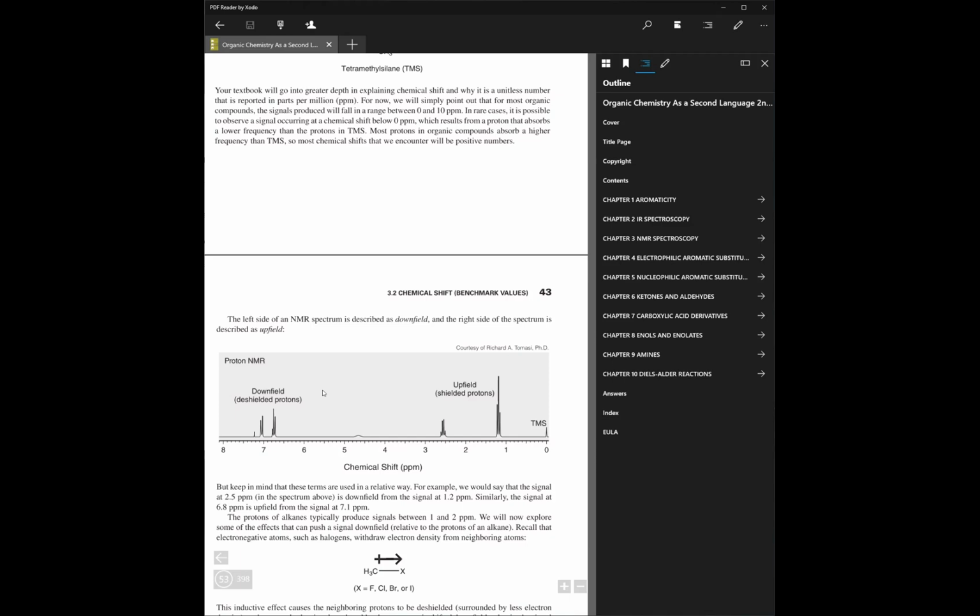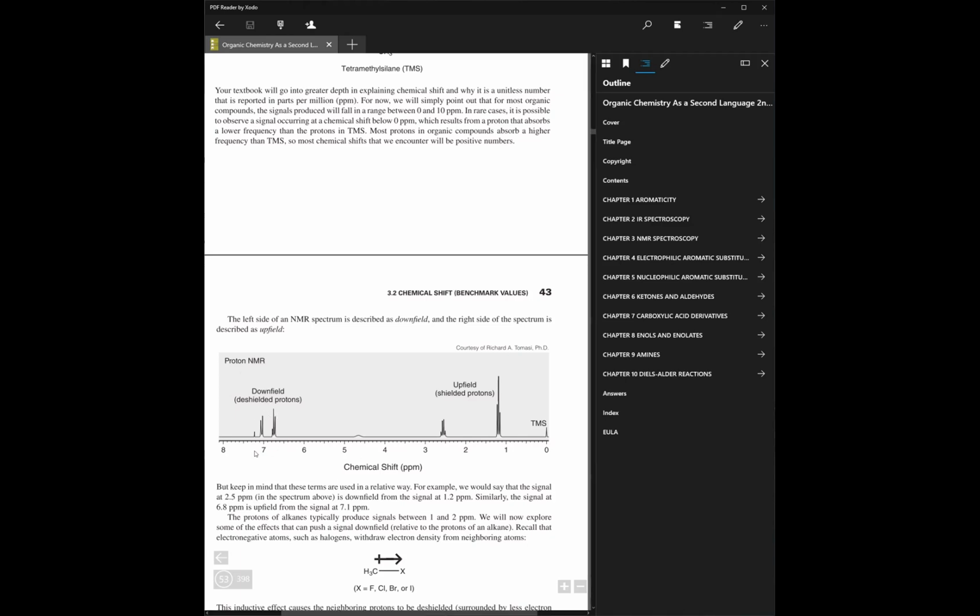That's why we call that deshielding, because we expect something that is more accessible to be at a higher ppm, a higher concentration, since it can easily be detected.